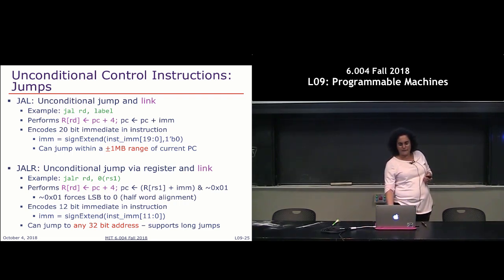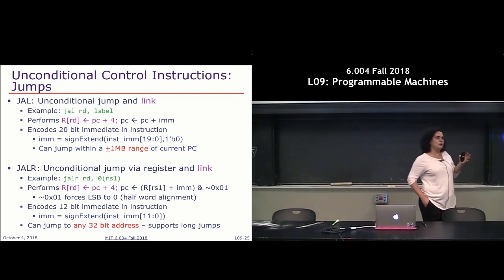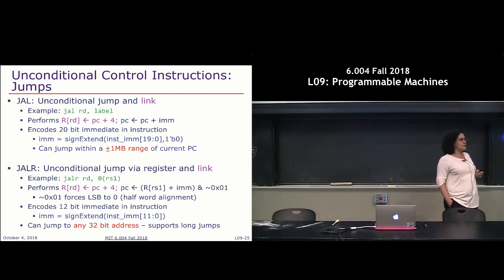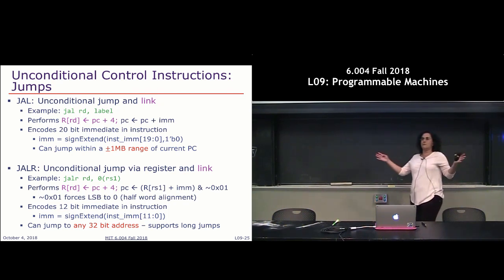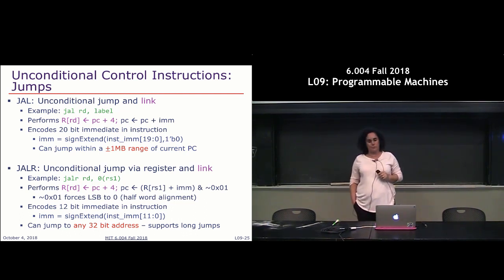So this instruction actually does two things. It stores PC plus 4 into RD, and then it changes the PC to go to PC plus immediate, except that now this immediate is encoded using 20 bits in our instruction. That means that we have a range of plus or minus 1 megabyte rather than the smaller range that the branch supported.